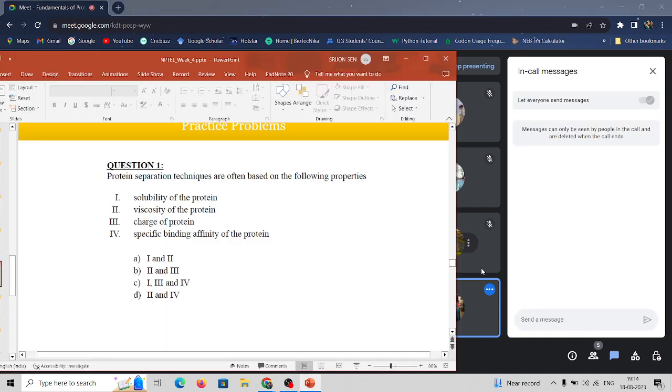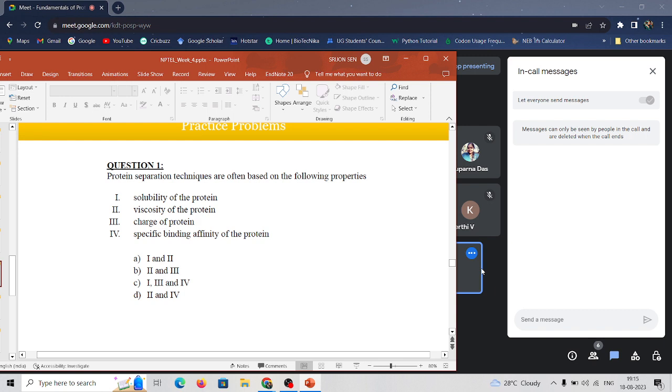What do you feel should be the correct answer? Quickly, we have a lot of questions. Think and answer. Which properties of a protein do you feel are sufficient for the separation of proteins?